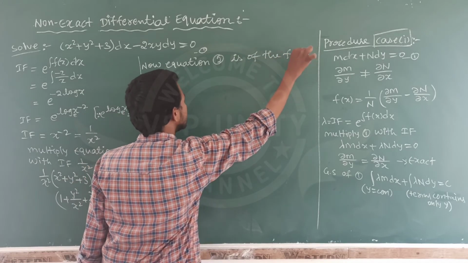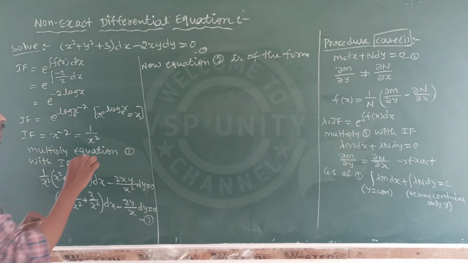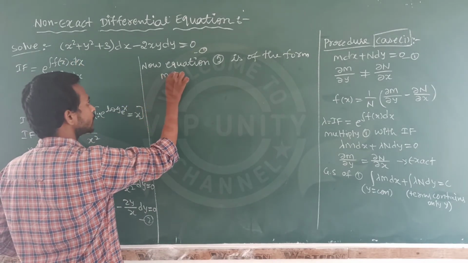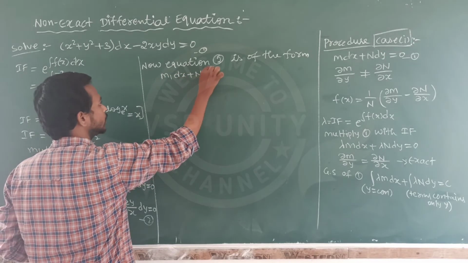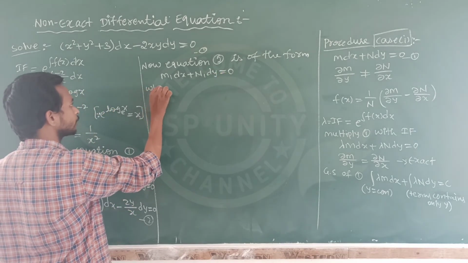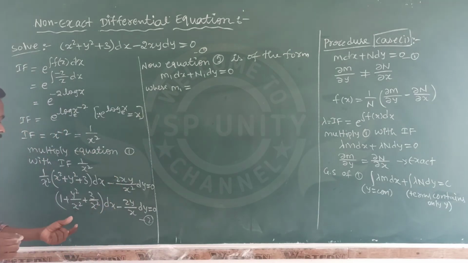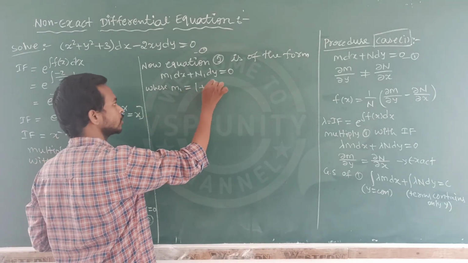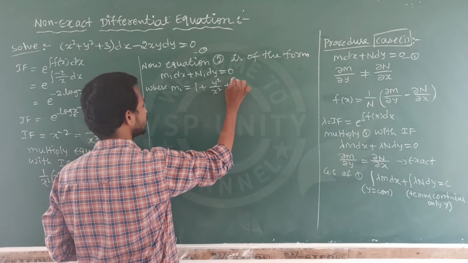M dx plus N dy. Now M1 dx plus N1 dy, where M1 is nothing but this total part, 1 plus y square by x square plus 3 by x square.